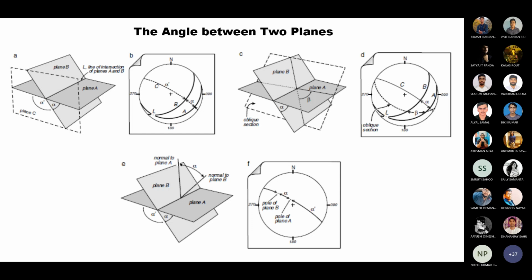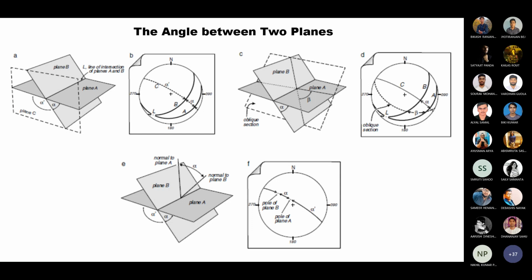Already in the initial part of the discussion, I told that plane normals are the identification or representation of particular planes. So if we use these features, we can determine the dihedral angle between a pair of planes stereographically using poles of the planes.